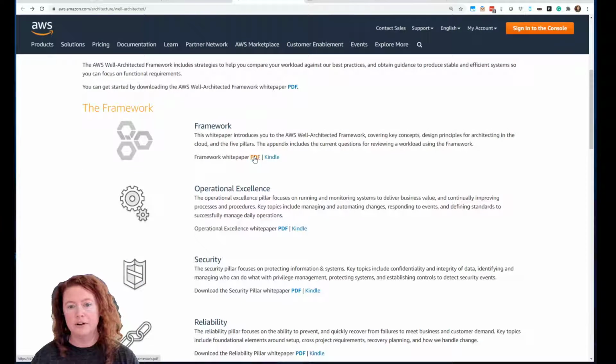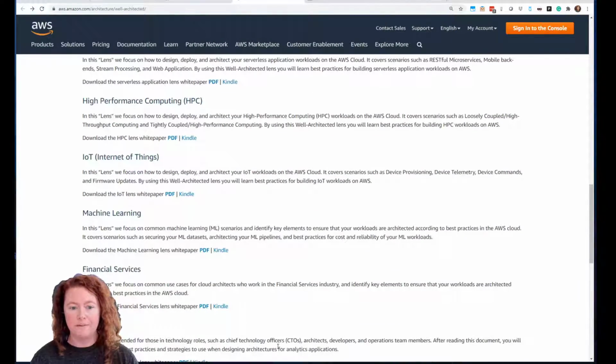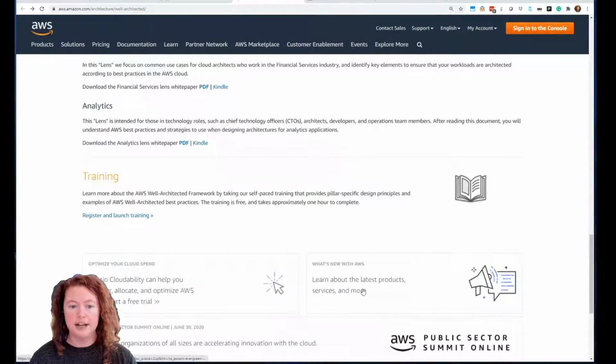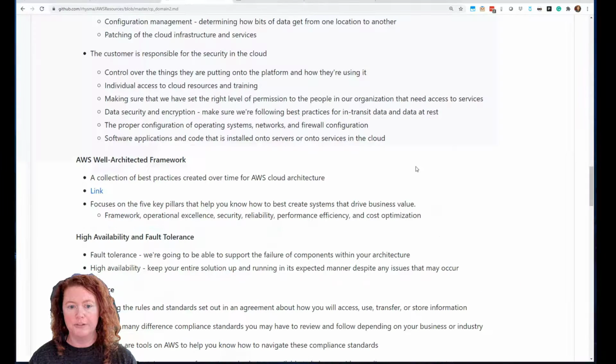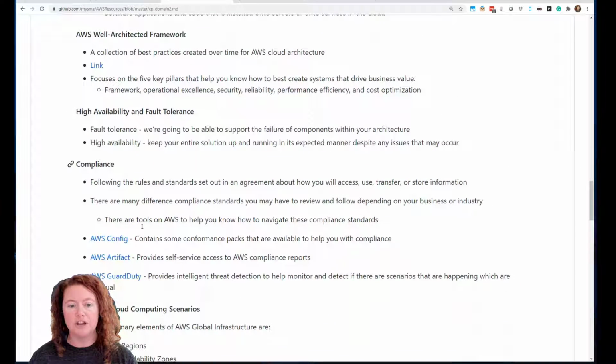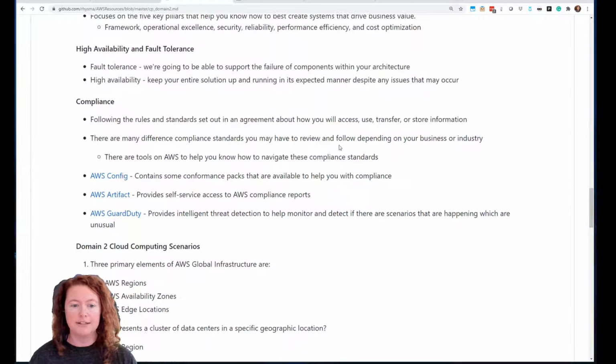You can read the different white papers, go through some of these scenarios, and understand all the things that are available to you in there. And then really understanding these ideas of high availability and fault tolerance, compliance, what it is, why we have to understand it, why we have to use it. And then these 3 services that we talked about here that are specifically for that.